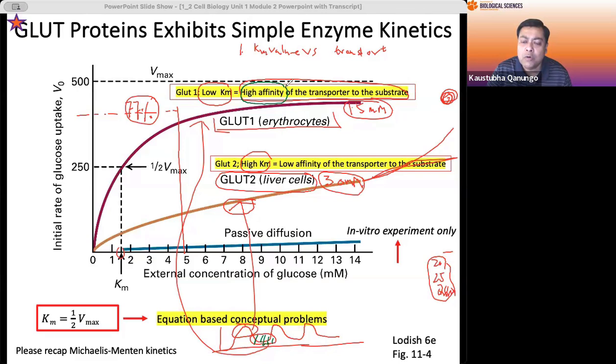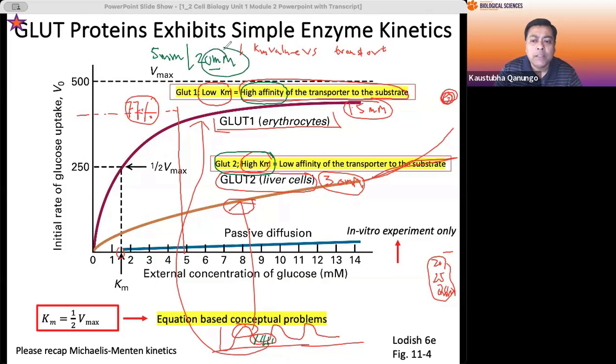So it binds to the glucose very tightly and finds glucose even very diluted in the blood. Whereas this one will only transport glucose into the liver when the concentration is high, and then it will stop, because you want the blood glucose level to remain at 5 millimolar in between the meals, and after a meal it goes up to 20 millimolar.